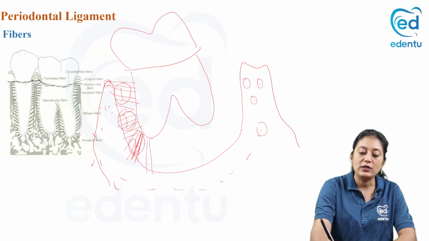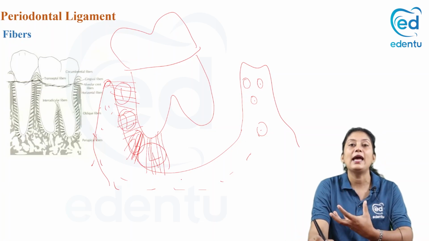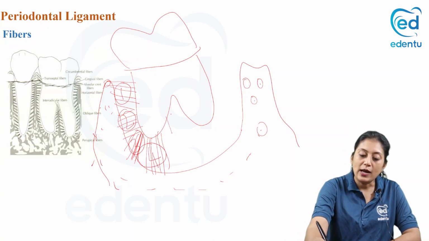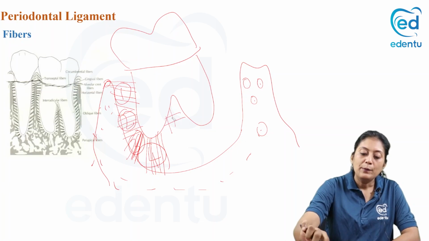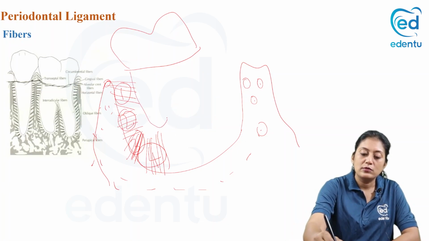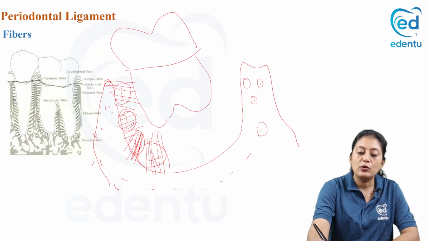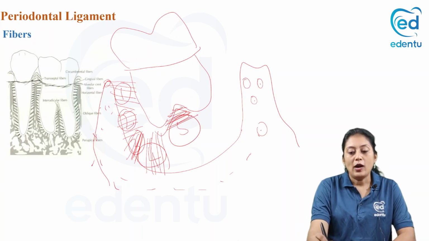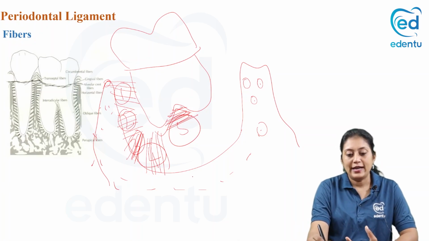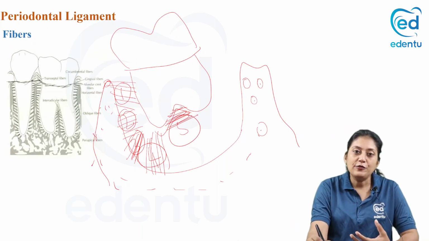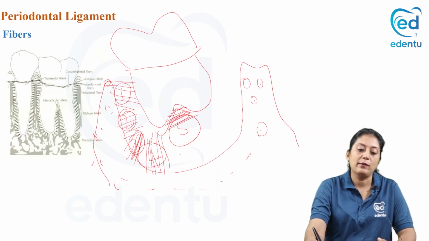Then when you come to the tip of the root, they are called apical fibers because they are seen at the apex of the root. Then between the two roots, what you see is called interradicular fibers. That is number 5. So based on the direction, you have 5 different groups of fibers in the periodontal ligament.